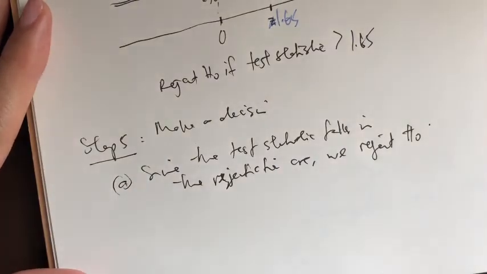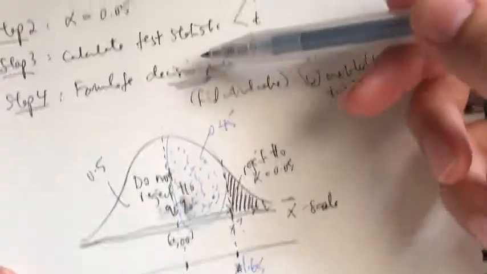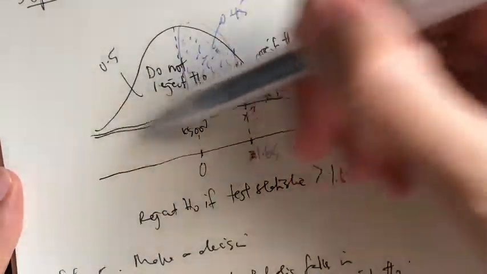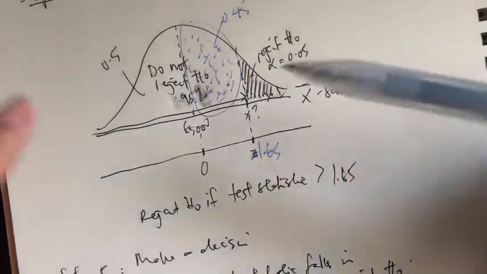Option 1. However, let's say our test statistic falls somewhere here, it could be here or here, anywhere, as long as it falls in the acceptance area.